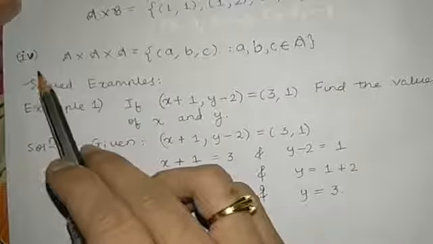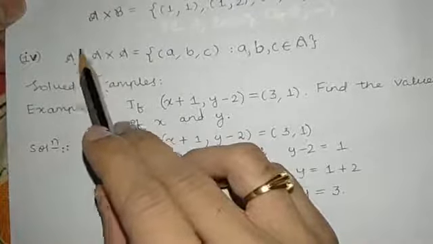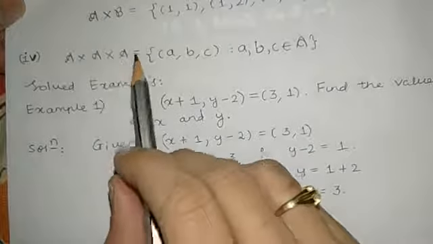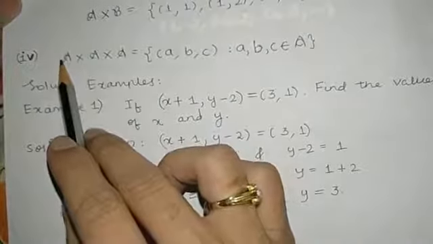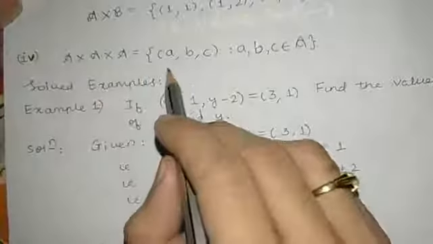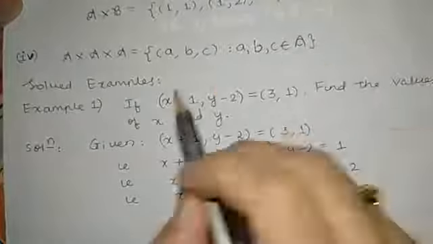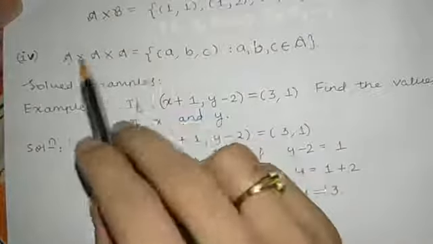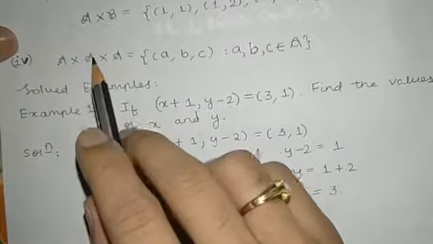Now the fourth remark is that A cross A cross A, that is, you are taking the Cartesian product of A three times, is equal to the set of (a, b, c) such that a, b, c belong to A. It is a similar thing to the Cartesian product of two sets.